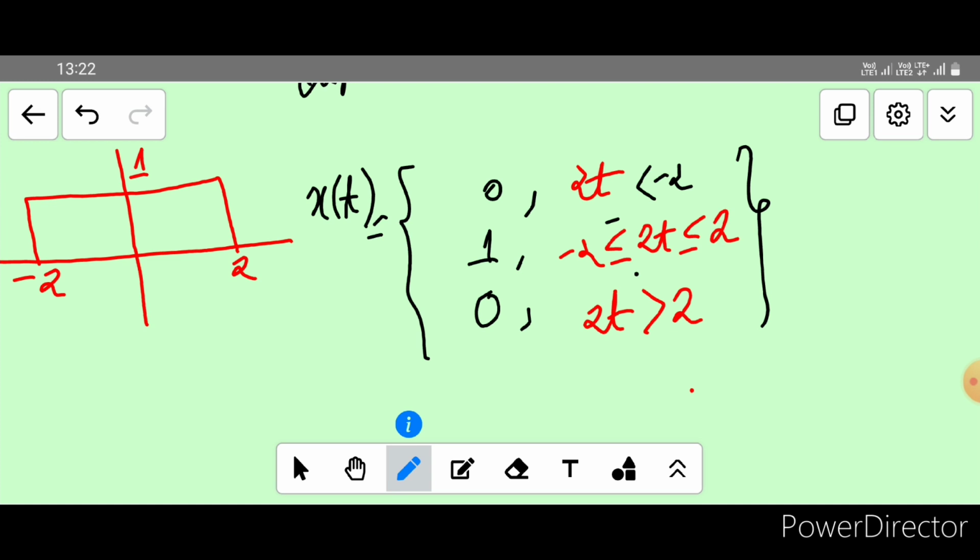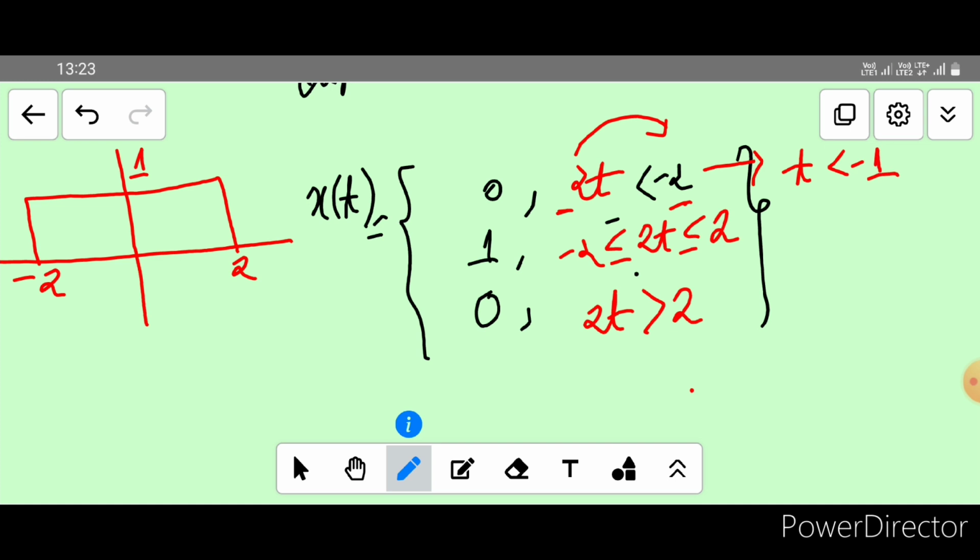Now taking the 2 to the right side of the inequality, t will finally be less than minus 2 by 2, that will be minus 1.